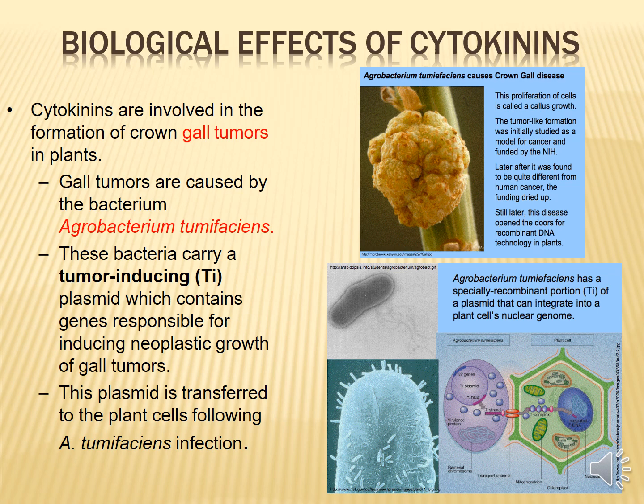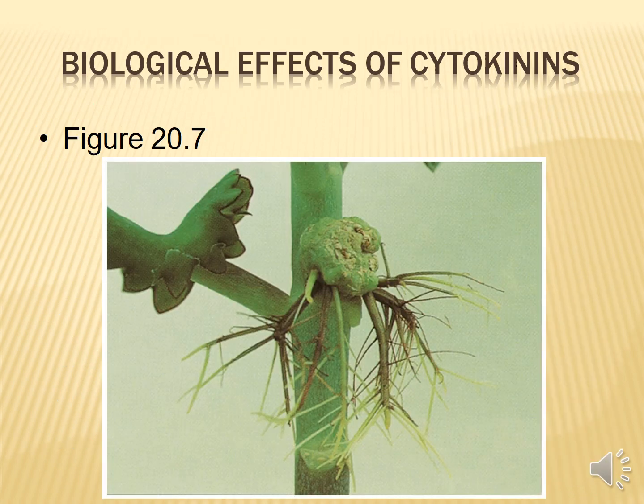Because they carry the tumor-inducing plasmid, which is really responsible for inducing the neoplastic growth of the gall tumor. When they infect the plant, it will enter the genome of the plant and induce the plant to produce the tumor. Here this one is the example, maybe you have seen it before.